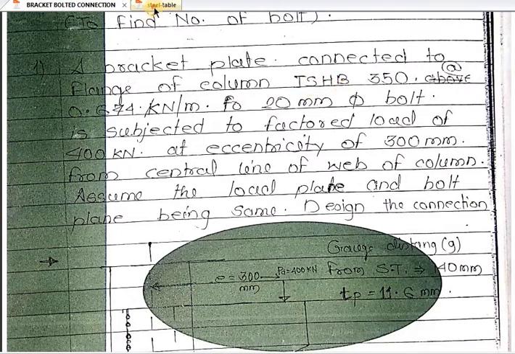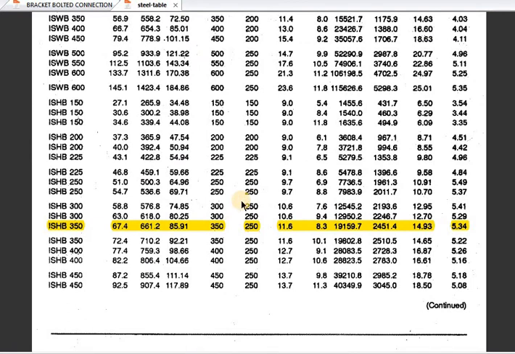So I am directly switching over to the steel table: ISHB 350, 67.4 kg per meter, or 0.674 kN per meter, it is one and the same. There are two types of ISHB 350, different depending on the weight per meter: 67.4 and 72.4. We are using 67.4 because it has been mentioned in the question.